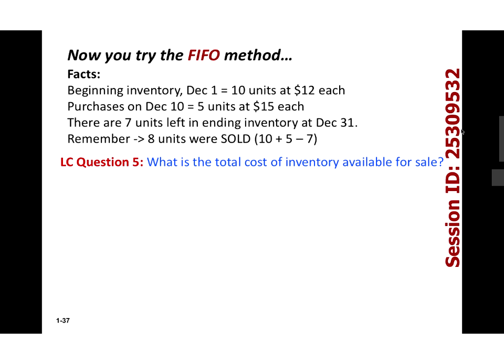That will be your beginning inventory, the $120 in beginning inventory, plus the $75 in purchases. So the $120 plus $75 is $195. It's the same answer as with weighted average. It doesn't change, so it's $195.